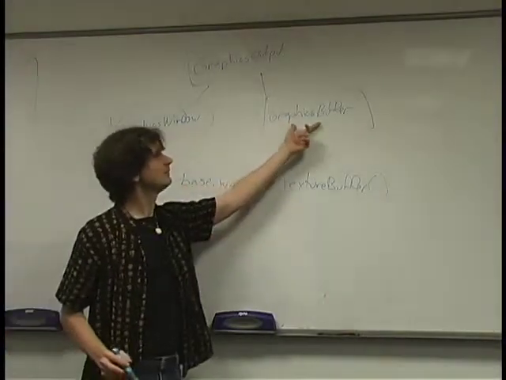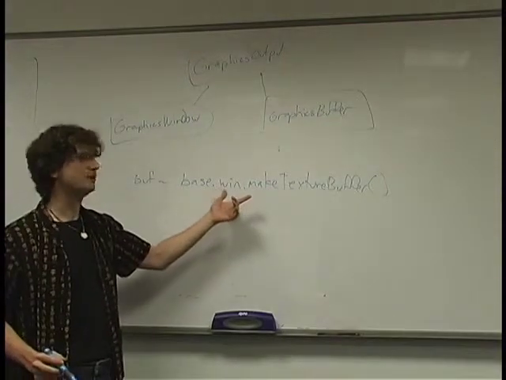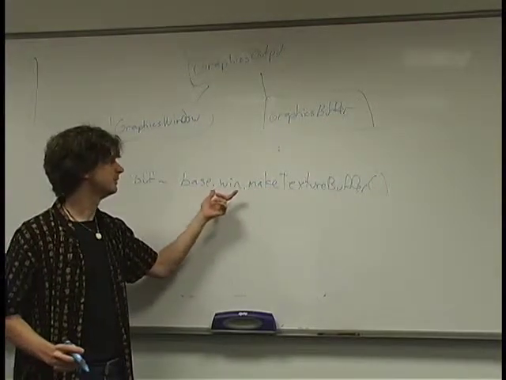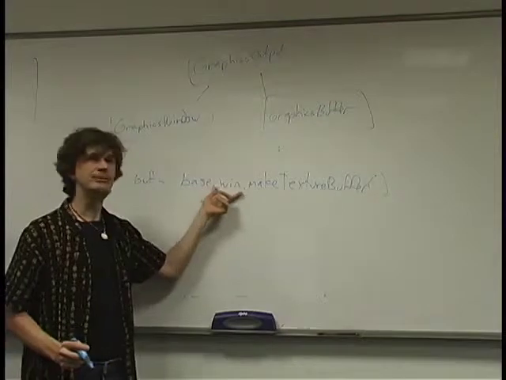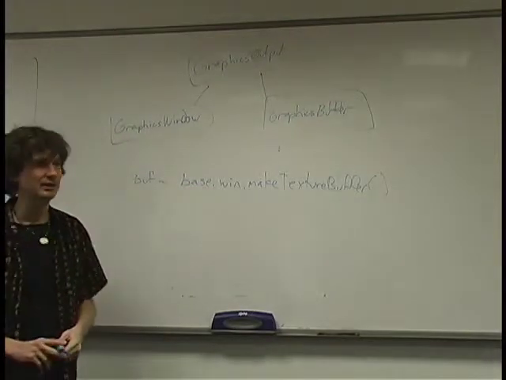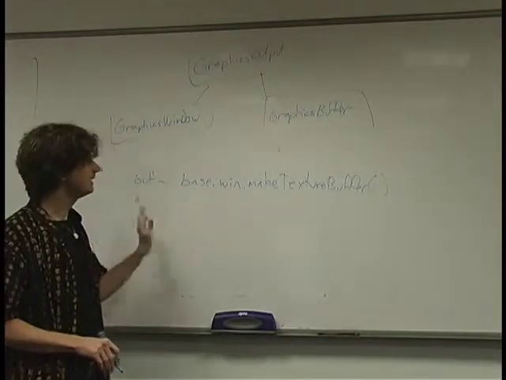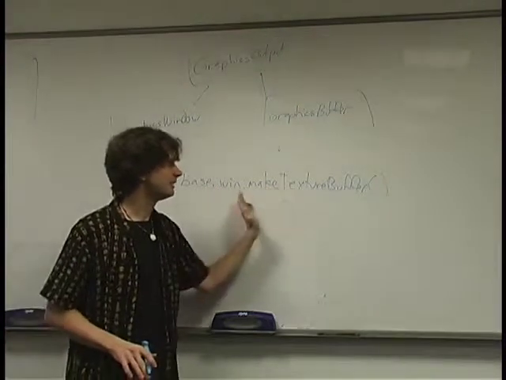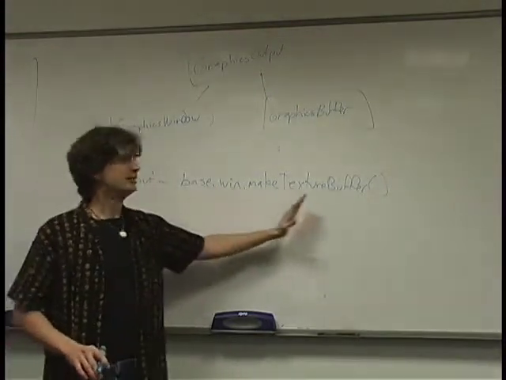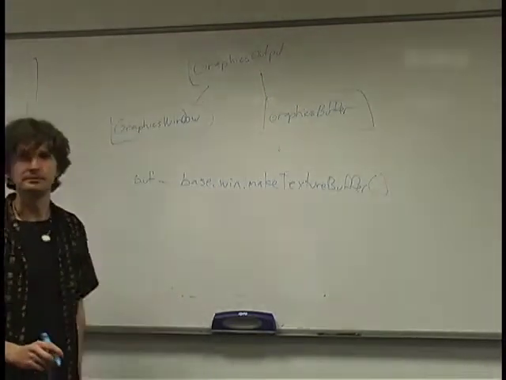And furthermore, this graphics buffer is already set up to be appropriate for rendering off-screen a texture that will be applied to some scene that base window sees. And I'll talk a little bit about exactly what that means. But this is the way that most people create an off-screen buffer.